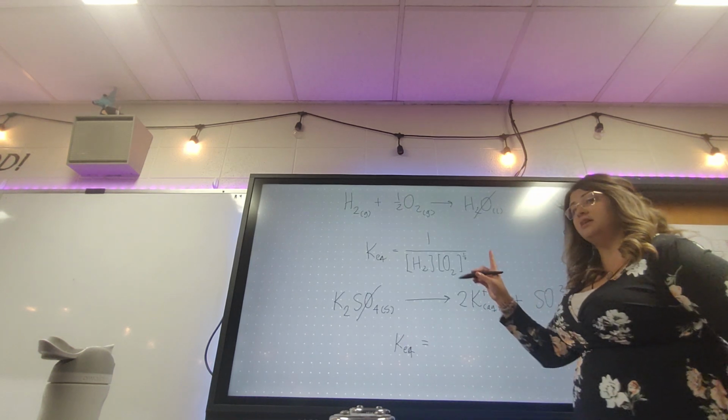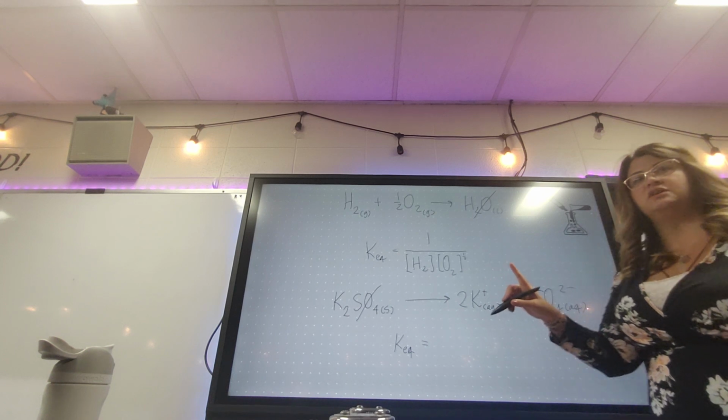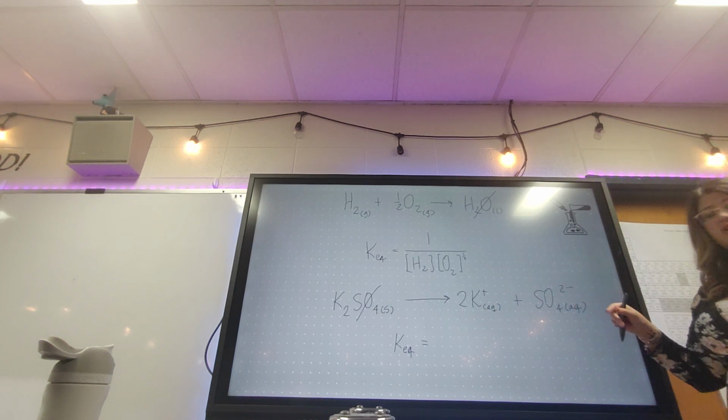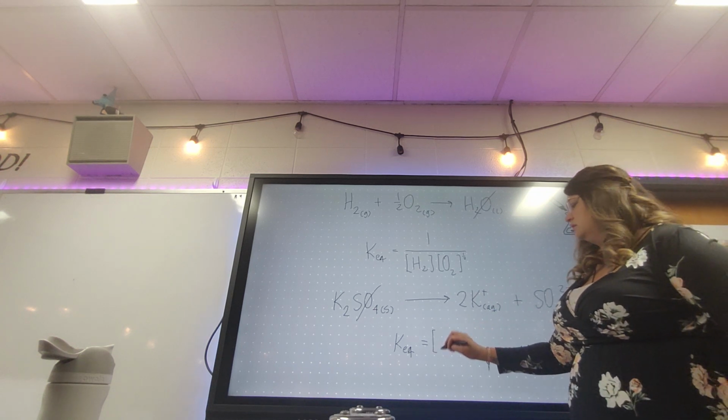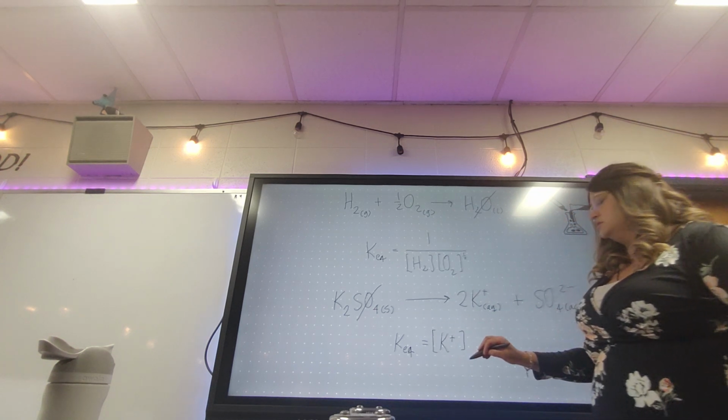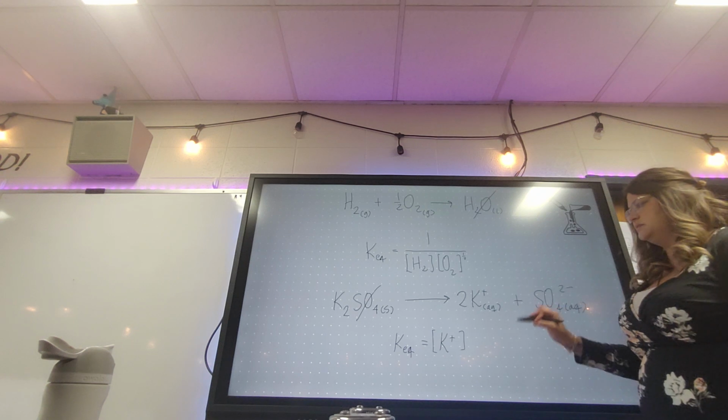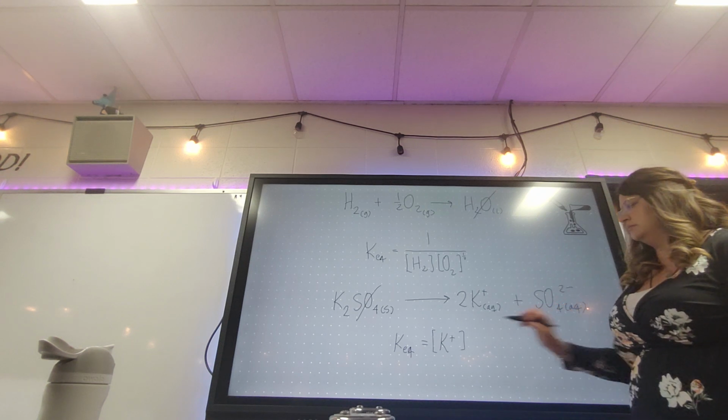Okay, so now just like I said to you last class, if you see a charge on something, if something is an ion, you have to leave that charge there. So you cannot just write K here. It has to be K plus, otherwise it's not right.